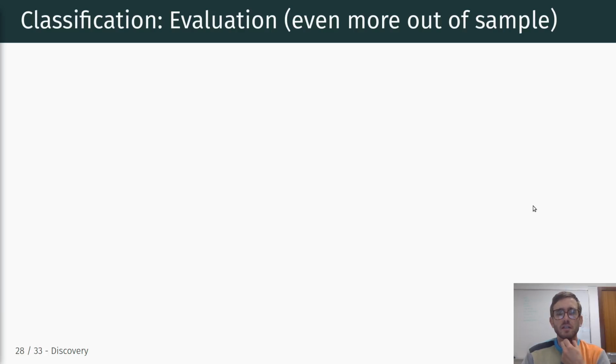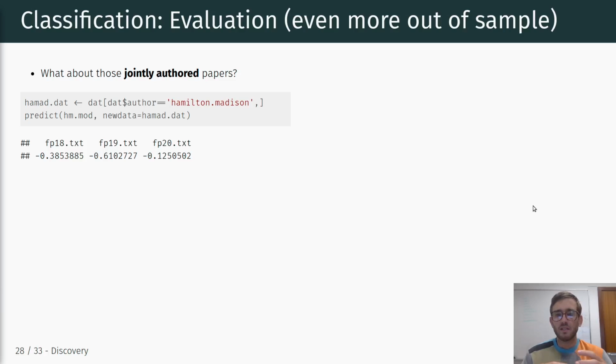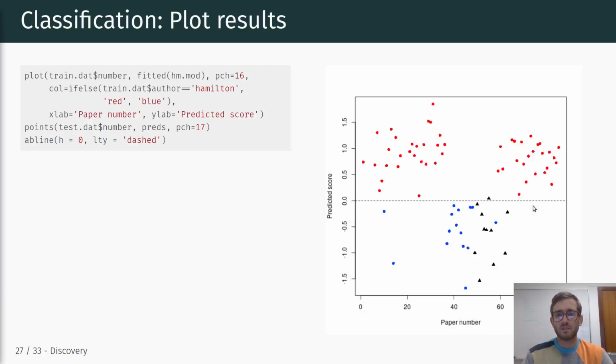There are other additional ways to evaluate the quality of our predictions, and I'm going to go through those fairly quickly. Of course, based on this, we don't really know, since the authorships here are contested. We can't really evaluate how certain we should be about this prediction.